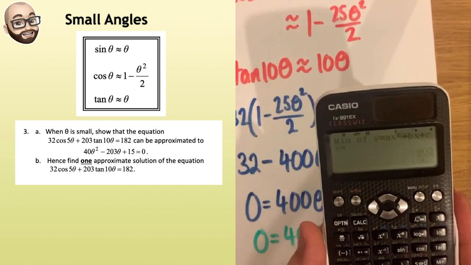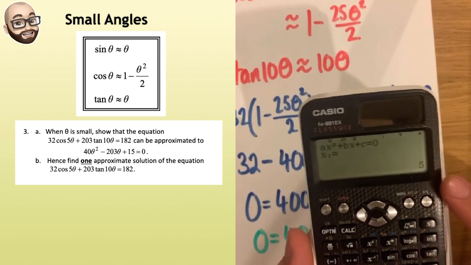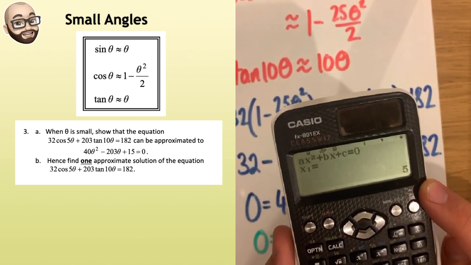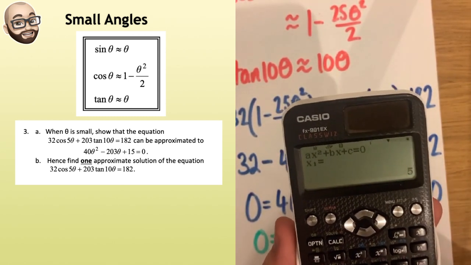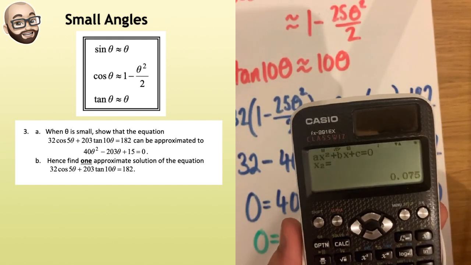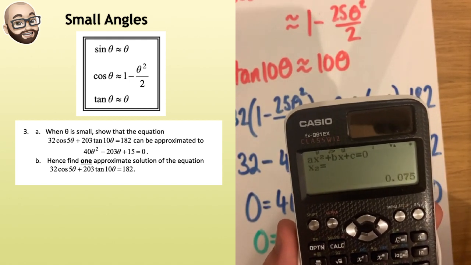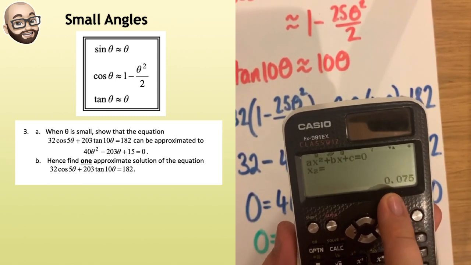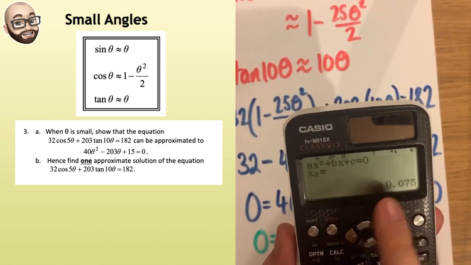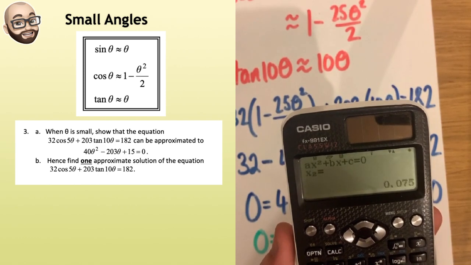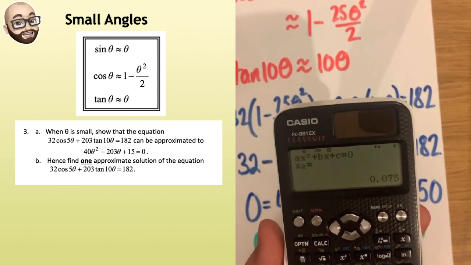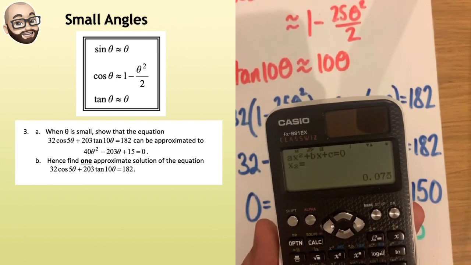And what we're going to say is 5 in this case is not small enough. We really want it to be like a 0.0 something number, which is what happens for this answer here. So the one approximate solution is going to be 0.075. We should probably write out both answers and then quickly explain why we don't want 5, and it's just going to say 5 is not small enough.